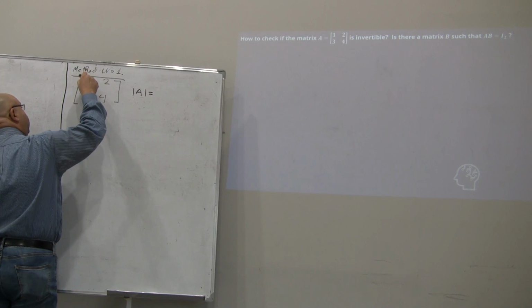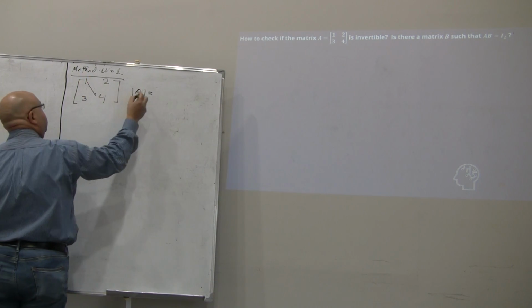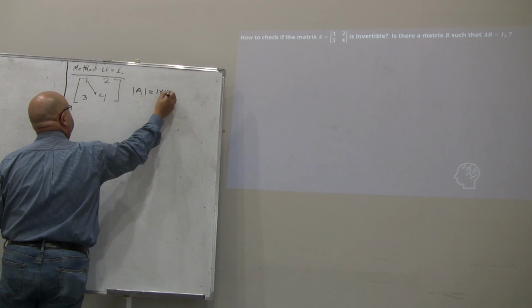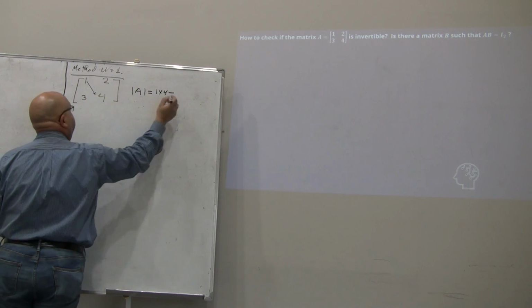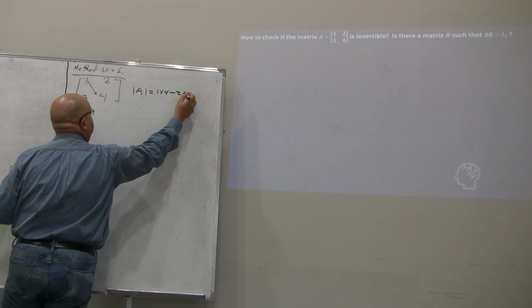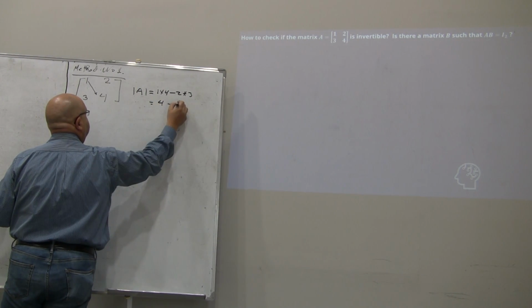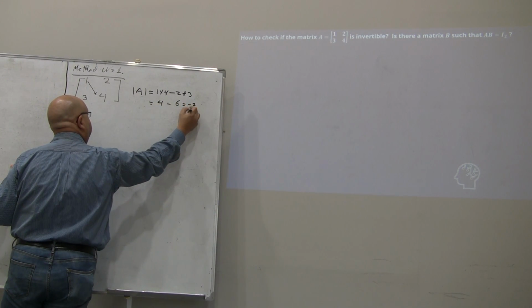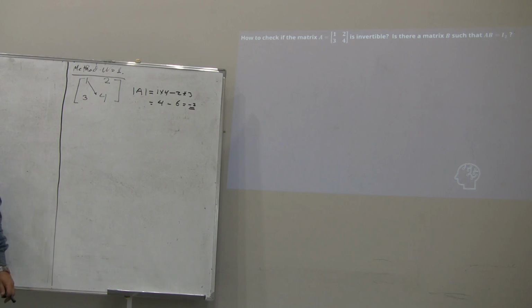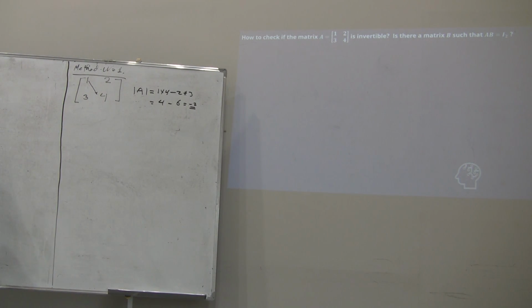Once more, multiplying these two numbers together, it's going to be 1 times 4 minus 2 times 3. 1 times 4 is 4, minus 6, so it's going to be negative 2. This is the value of the determinant assigned to this matrix.